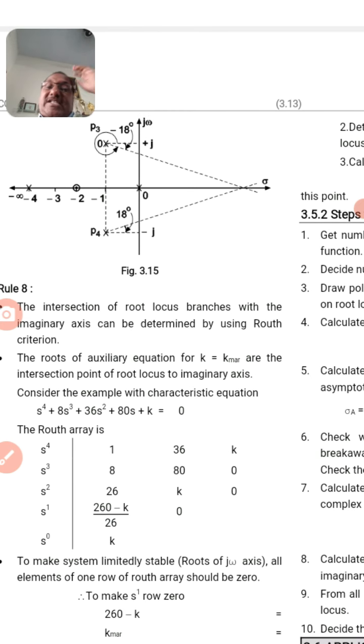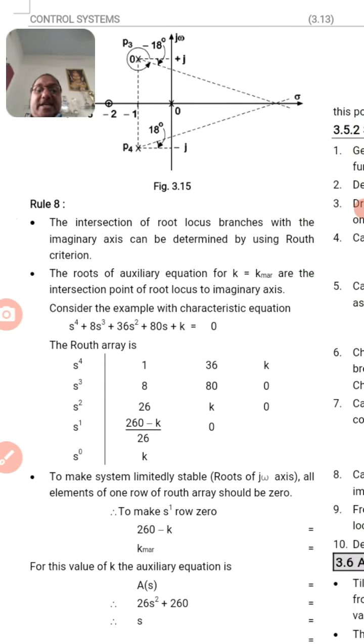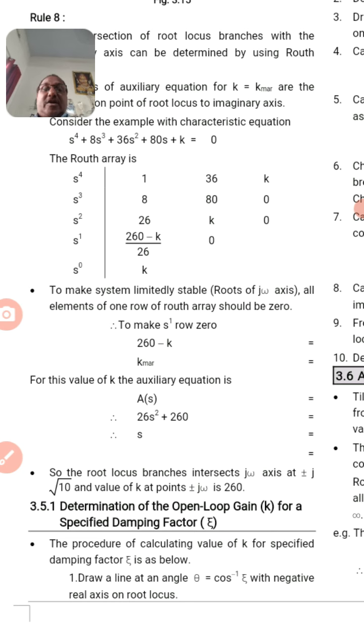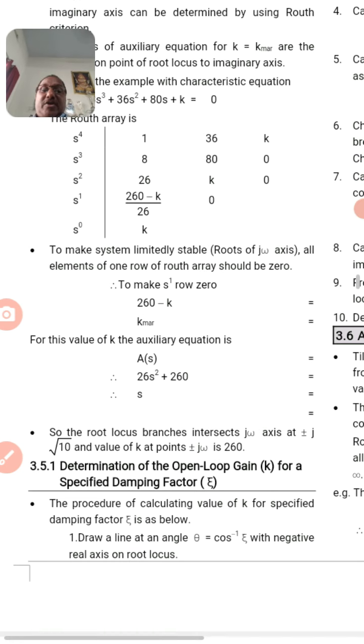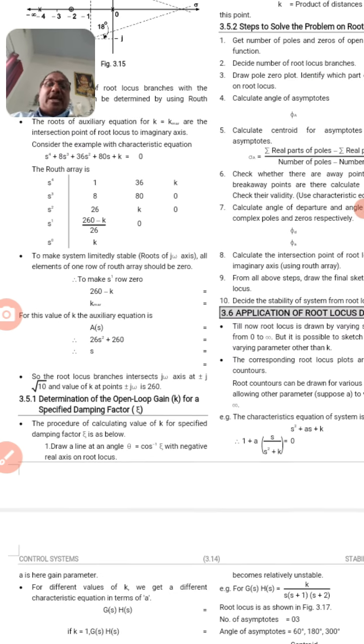The intersection of root locus branches with the imaginary axis can be determined by using the Routh criteria. This is rule number 8. By solving the auxiliary equation, finally we will find the value on the j omega axis, where K, the gain of the system, is determined, and then finally we will conclude about the stability of the system.